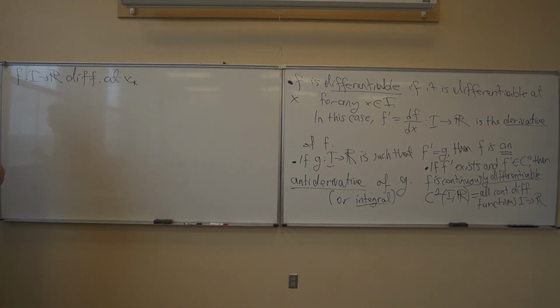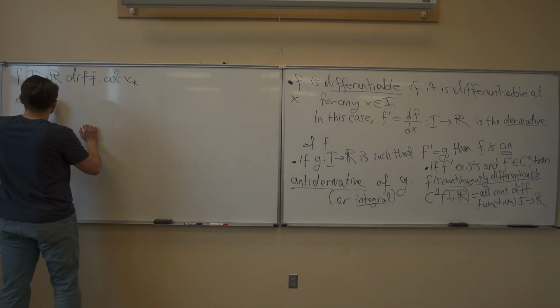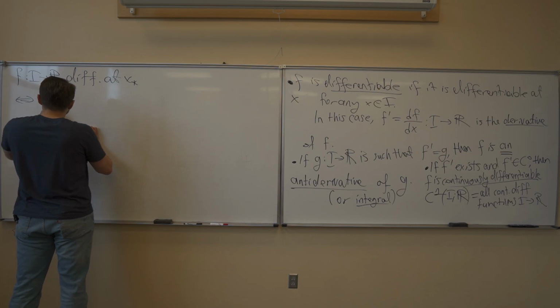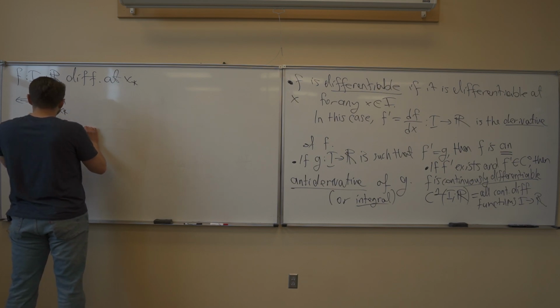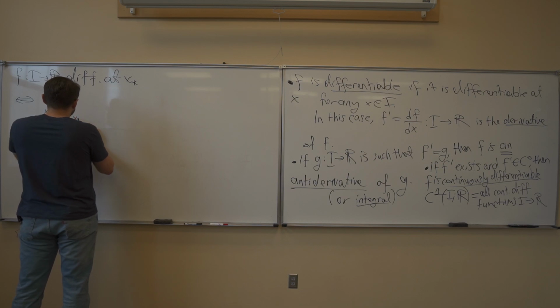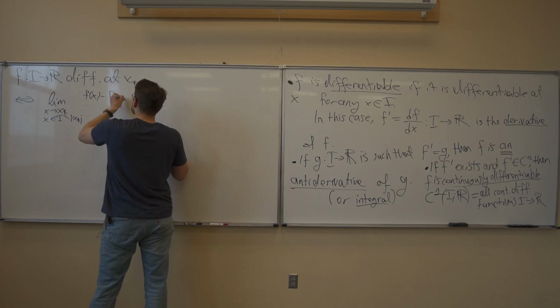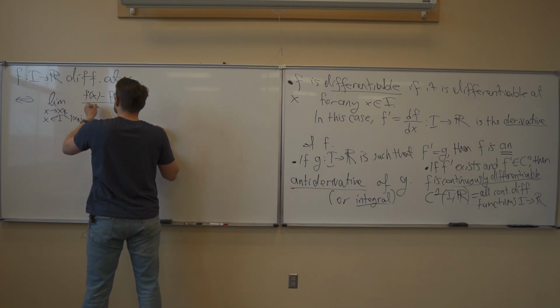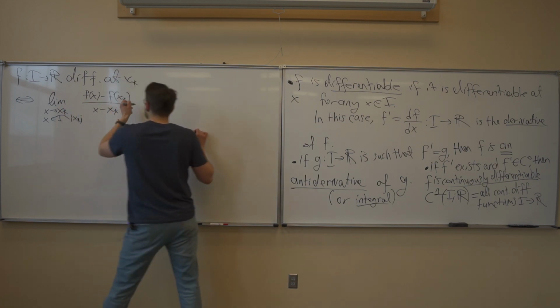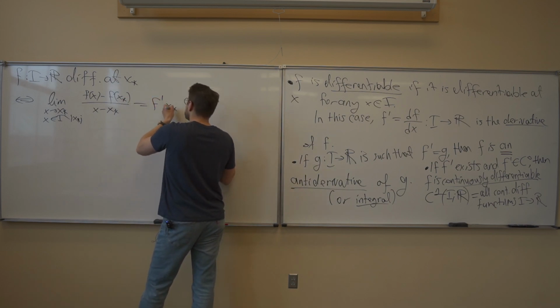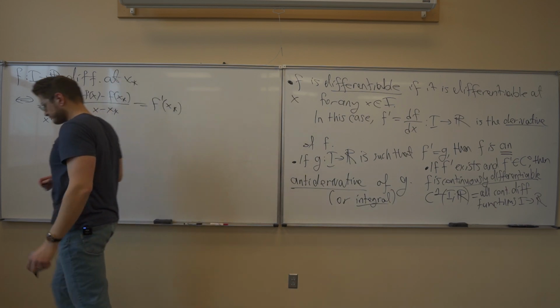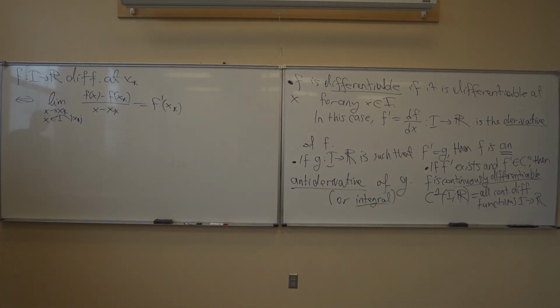f is differentiable at x star. We said that this is the same thing as saying that the limit as x goes to x star, x in I, x not equal to x star, of this ratio equals, using the notation as well, f prime of x star. Recall that on Wednesday we talked about different ways of writing this limit.